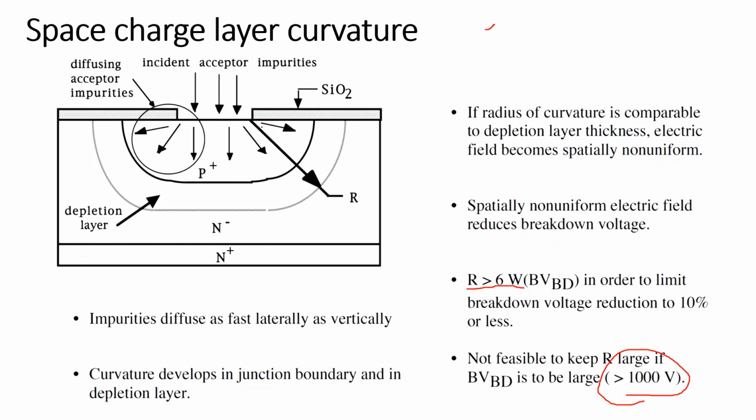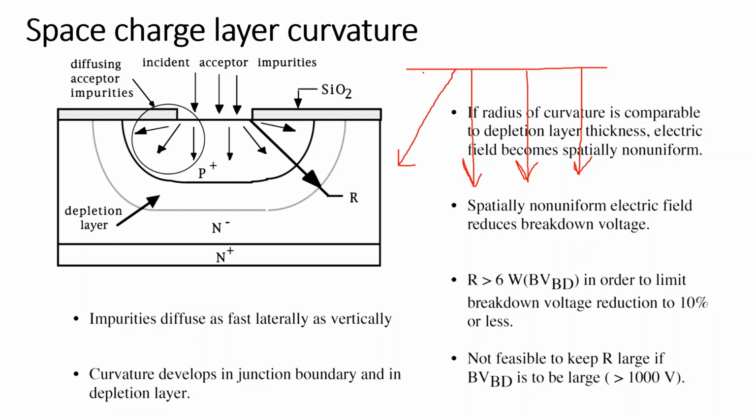Because greater R requires that acceptor atoms diffuse more, and so if acceptor atoms diffuse more like this, then R will be greater.